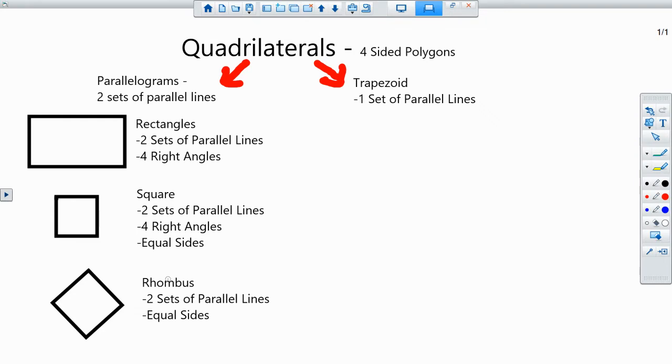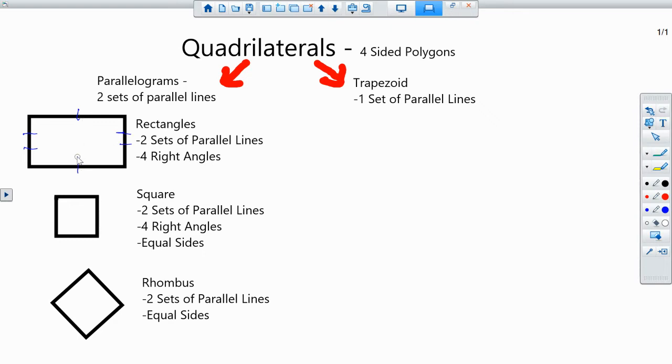You guys learned this one last week. In order for it to be a rectangle, there are two characteristics, or you could call them attributes, that make it a rectangle. If it has two sets of parallel lines, that means that this line and this line are parallel. They'll never touch. And this line and this line are parallel. They'll never touch. So we have opposite sides.